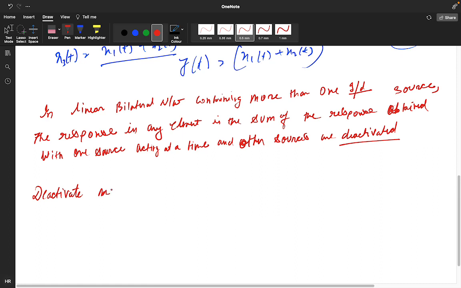Deactivate means all the independent sources are replaced by the internal resistance.